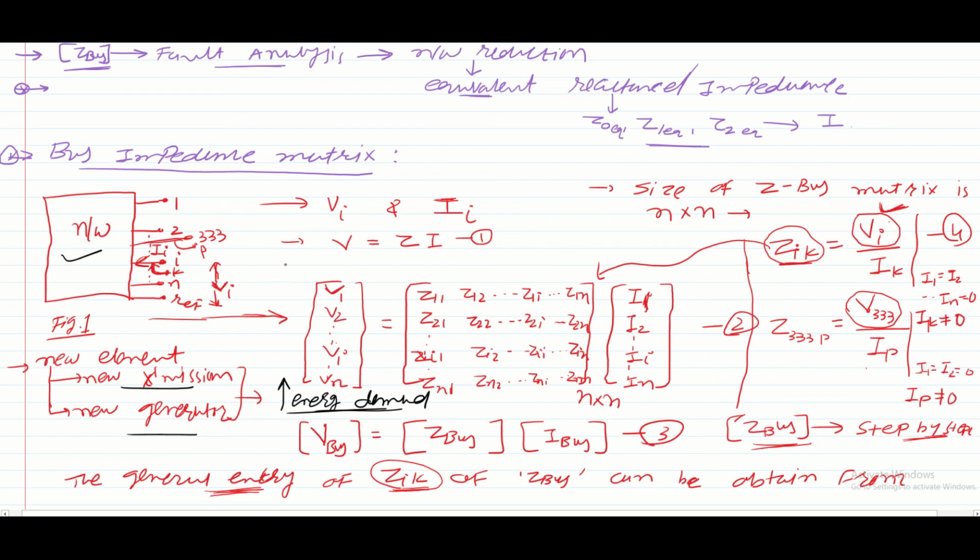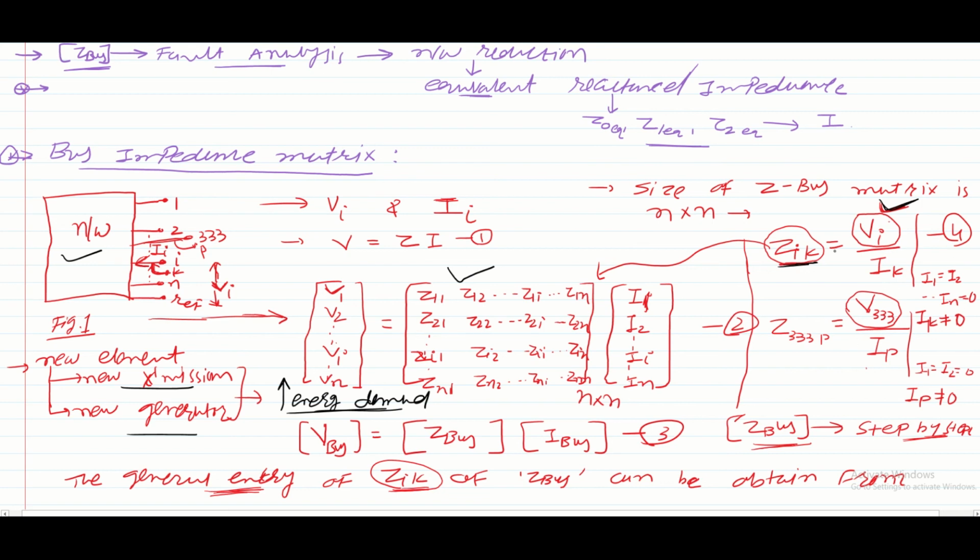And for that, we need to update our existing Z-bus matrix. For that, we need to calculate the entry of the new element, and for that we require the voltage at each bus.